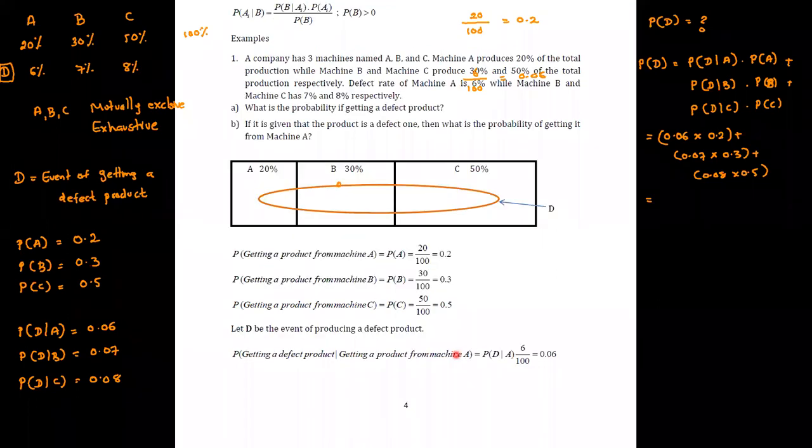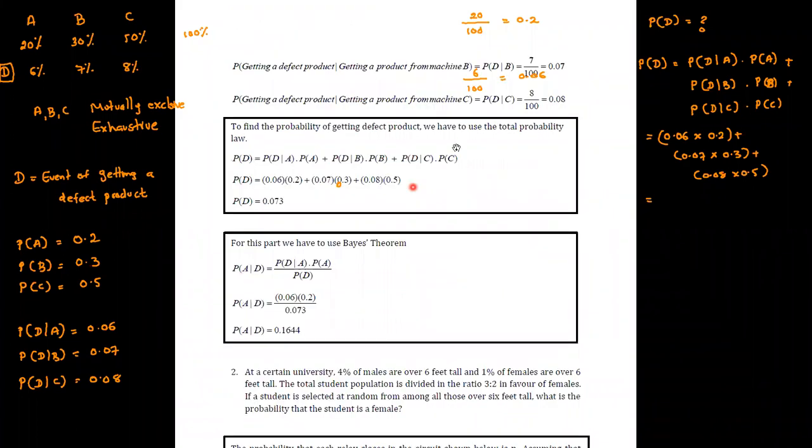Therefore, we can see that this calculation gives us the value 0.073, accurate to 3 decimal places.